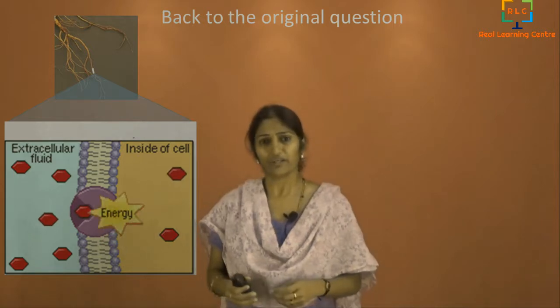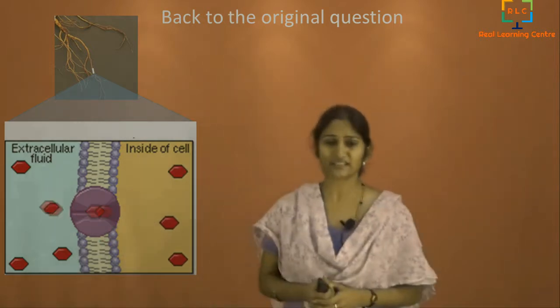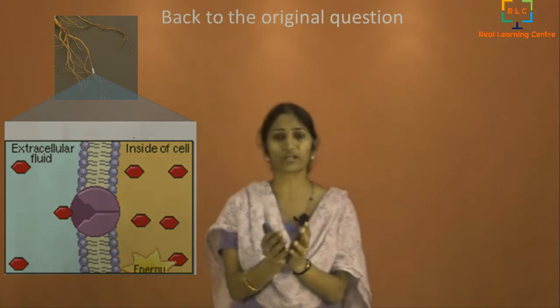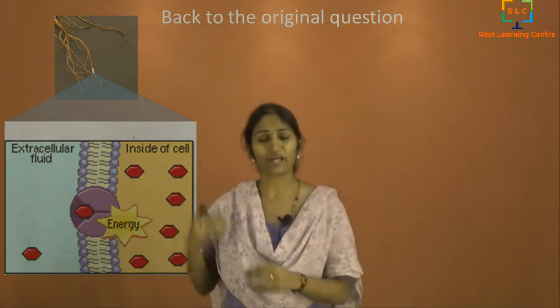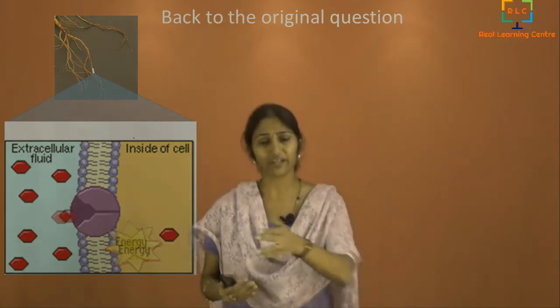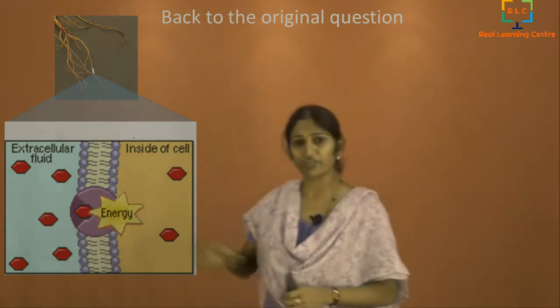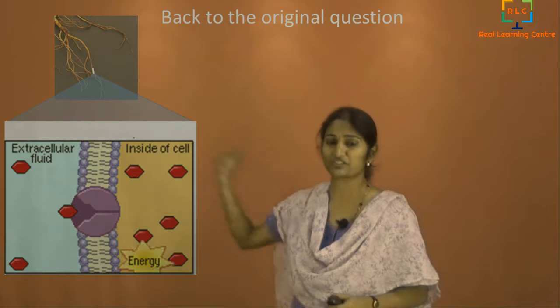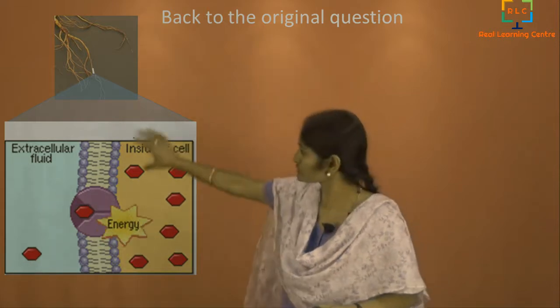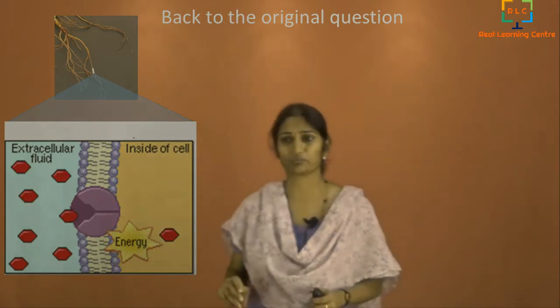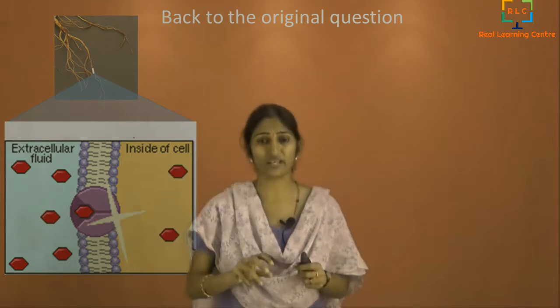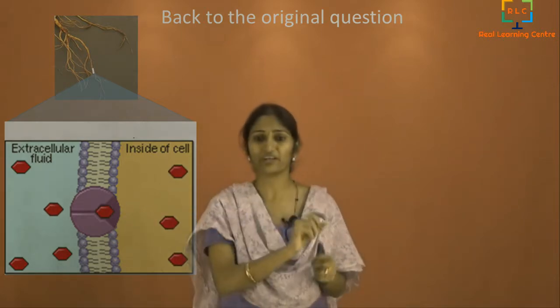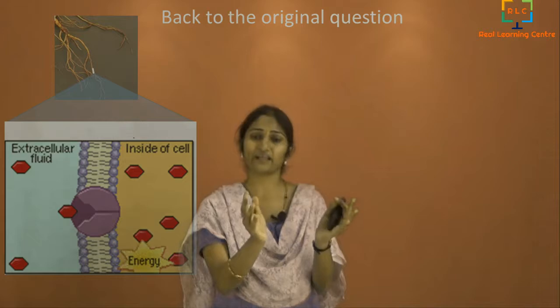Now, if anything has to come inside the cell, it has to come through a gate, just like whenever I want to enter a house, I enter through the door. We have some kind of gate present on the membrane of the cell, a small gate which opens and closes.